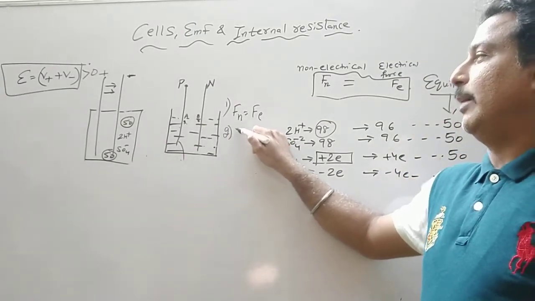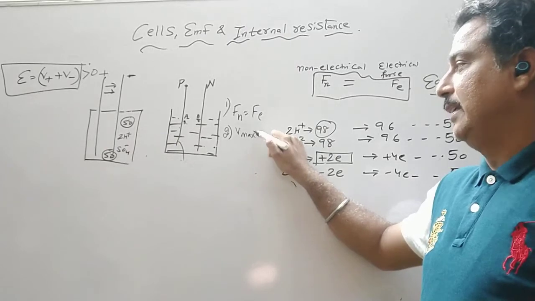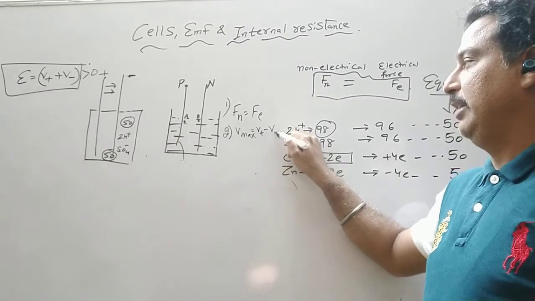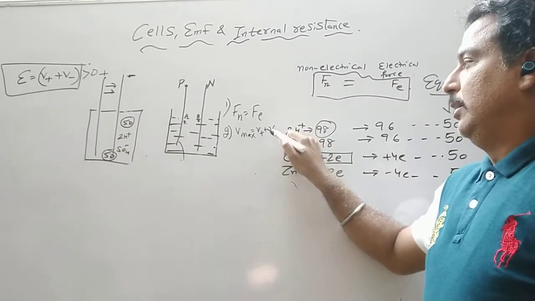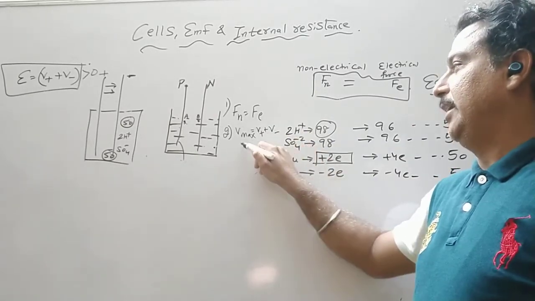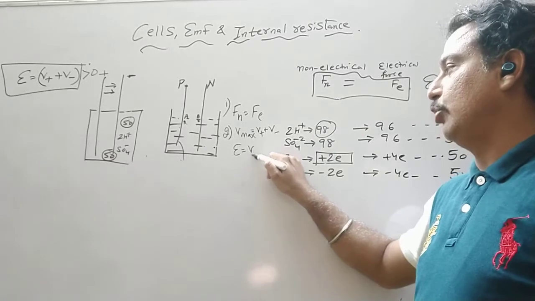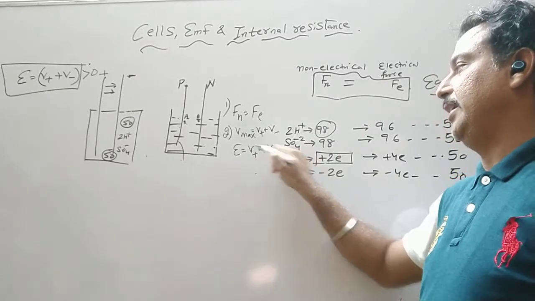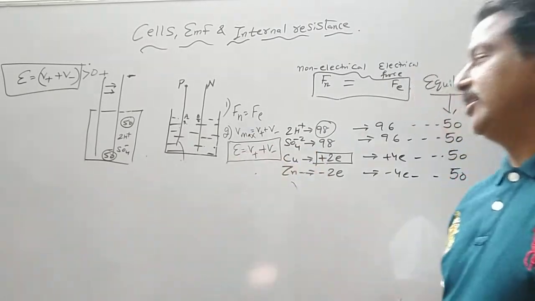Second, the potential difference is Vmax, that is V plus minus of minus V minus, that becomes V plus plus V minus, and we call it EMF. So EMF is V plus plus V minus, which is greater than 0.